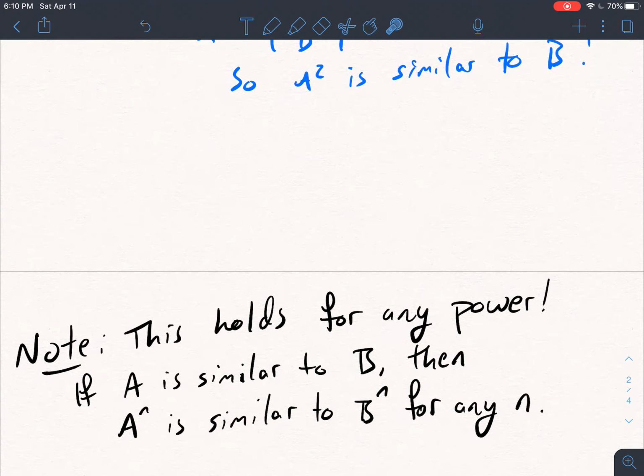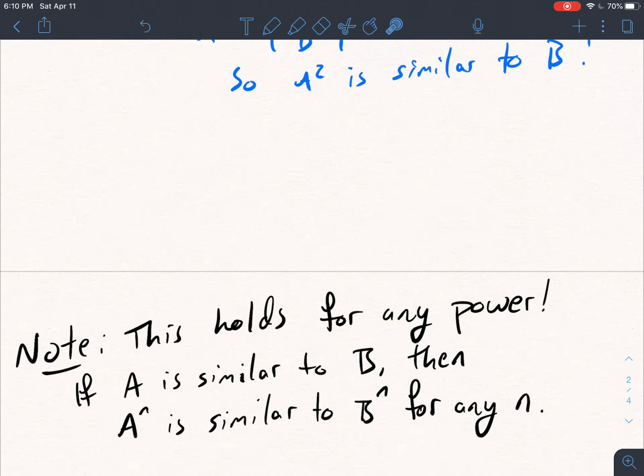The only difference is that if you're going to have negative powers in there, then all of a sudden you're assuming that your matrix is invertible. So assuming that A is an invertible matrix, then this also works for negative powers of n.